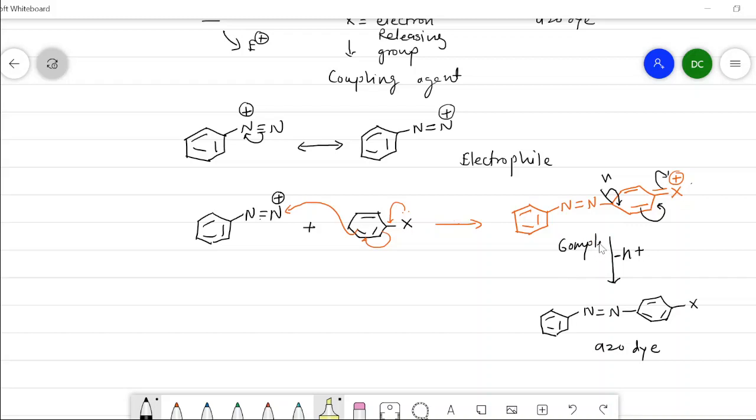It is a sigma complex. Then it converts into the azo dye by deprotonation, that is, the H plus ion is removed. In this way, a coupling reaction occurs.